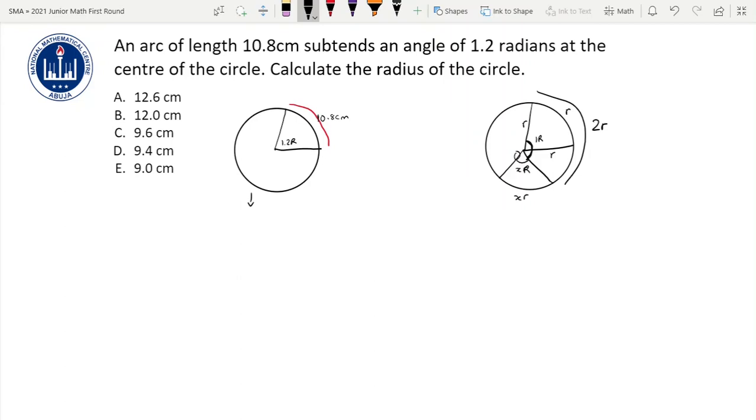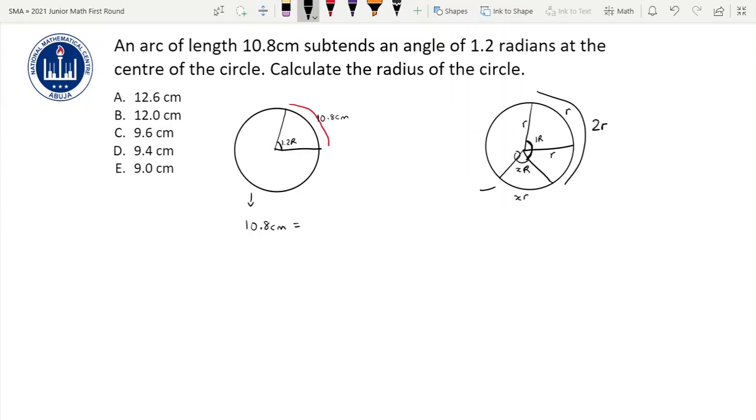We're told that this arc here is subtended by an angle of 1.2 radians. What this means is that the length of this arc here, the red portion, which we're given is 10.8 cm, is equal to 1.2 radians times the radius.